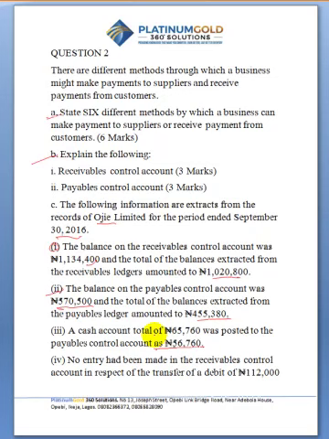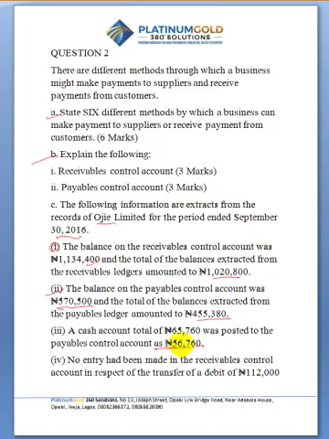Okay, remember we said we're going to solve it through the control account. The balance on the payable control account was 57,500, and the total of the balances extracted from the payable was, okay, note 3.